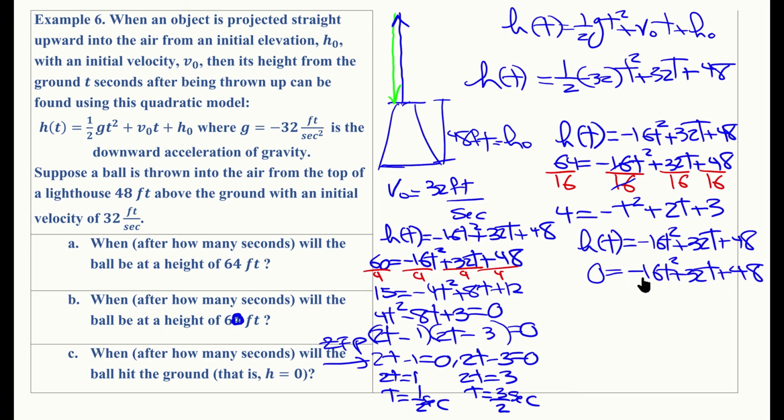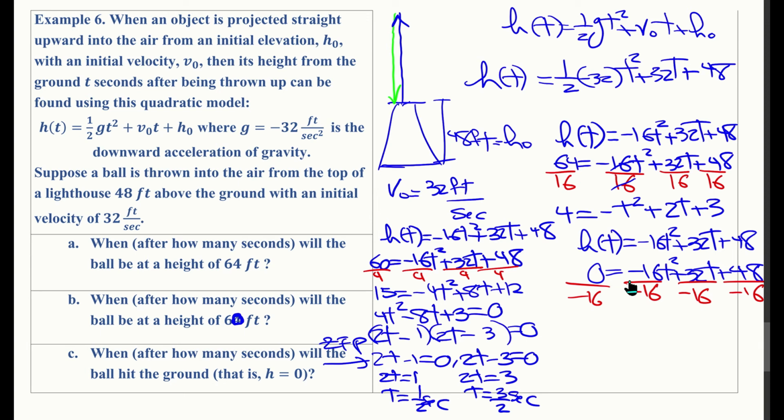So, but I would like to have a t squared which is positive, so I'm just going to divide both sides by negative 16. Remember, we're not dividing the right side by negative 16 3 times. We're only doing it once, but then it splits up, right?